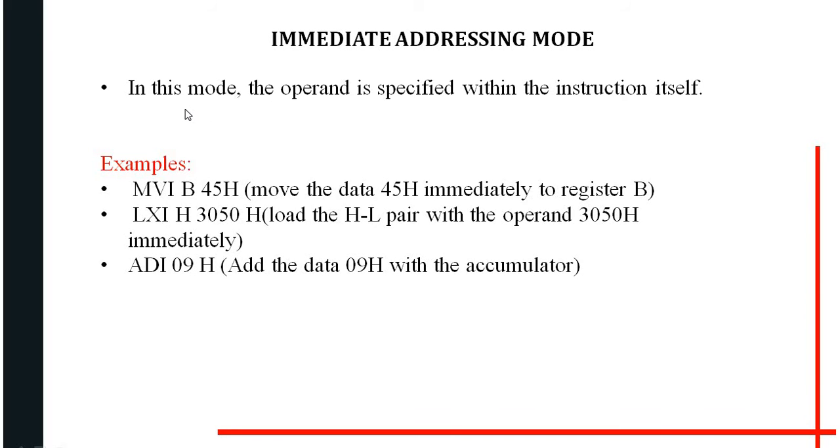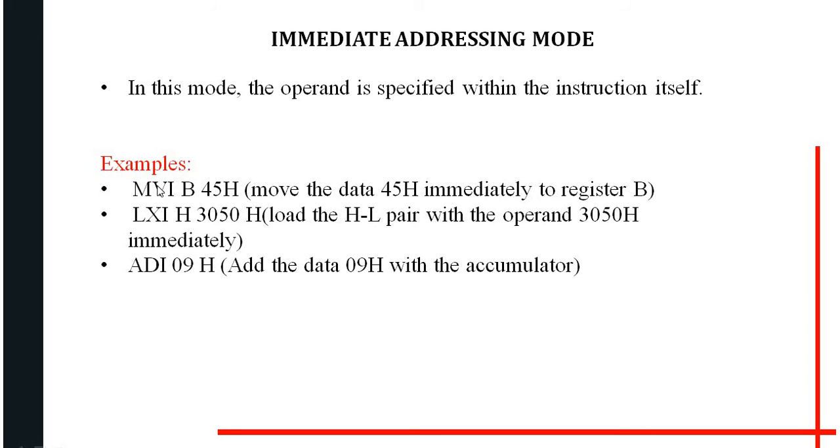In this mode, the operand is specified within the instruction itself. The operand is nothing but the input; the second input we get either from a register or memory. In immediate addressing mode, the direct value is given in the instruction. Example, first one, MVI B, 45H.